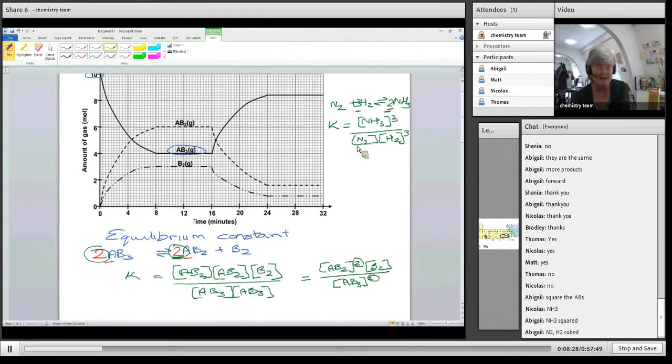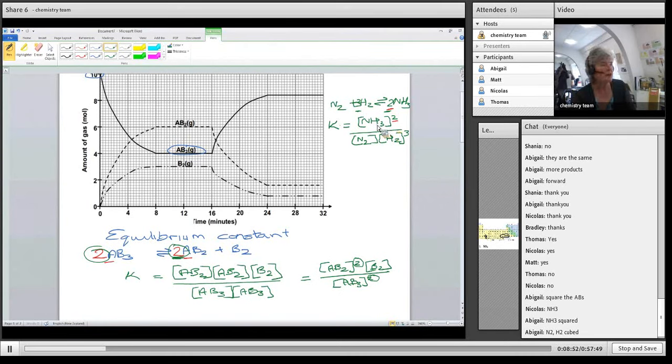Now, it hasn't come up often. I haven't actually really seen it come up much. It's more that you have to write the equilibrium constant expressions, but you may have to do calculations, particularly of the more simple type of equilibrium constants. So you wouldn't get, raised to the 4th power or anything like that.